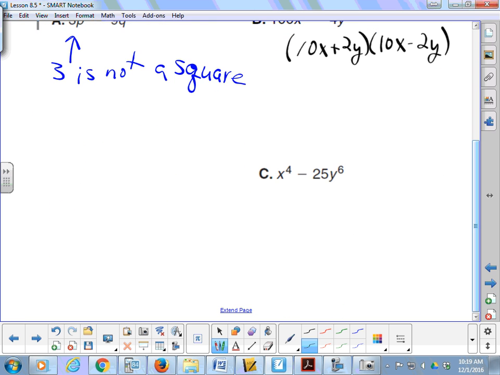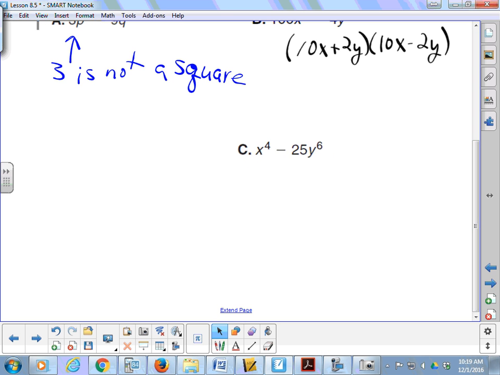All right, here we have letter C: x to the fourth minus 25y to the sixth. And this is the difference of two squares. Sometimes it's harder to see what they are. But when we have even powers, the thing that's being squared has a power that is half of that one.